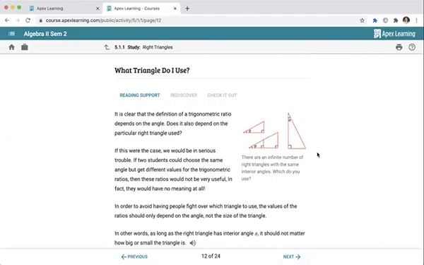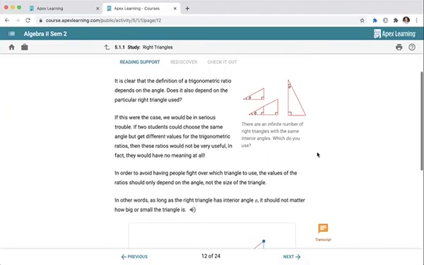All right. And then it's asking what triangle do I use? I don't know why this would be a question that you're asking yourself here, but in general, when you're looking at triangles, we have now the ability to look at any side, any angle, as long as we have some information here.